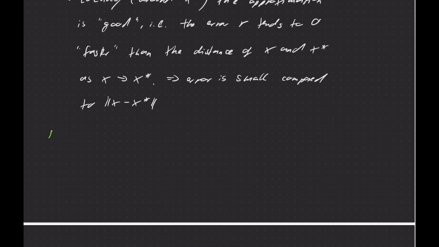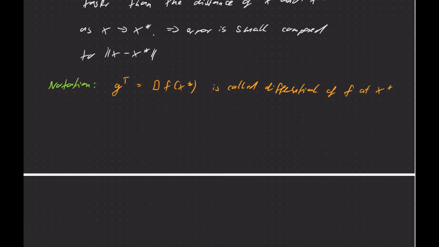Finally, let's fix notation. This vector G, or G transposed, is called the differential of f at x star, and is often written as capital D f of x.